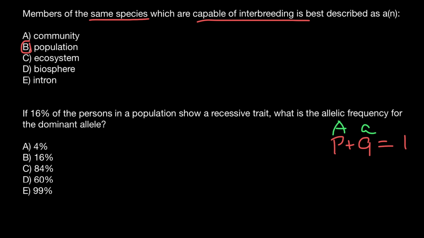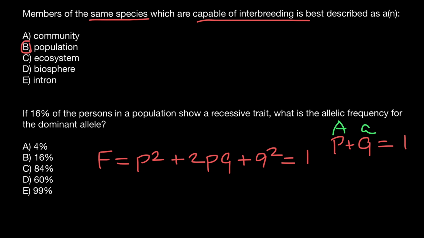And if we have two alleles in a population, that means that these two alleles can produce three genotypes, and the frequency of these three genotypes would equal P squared plus 2PQ plus Q squared, and all these three genotypes combined would equal 1 or 100%.